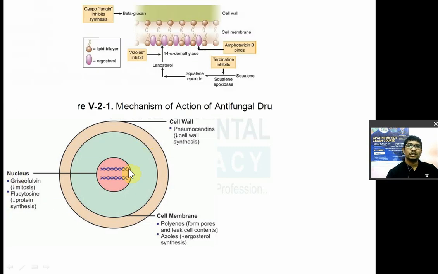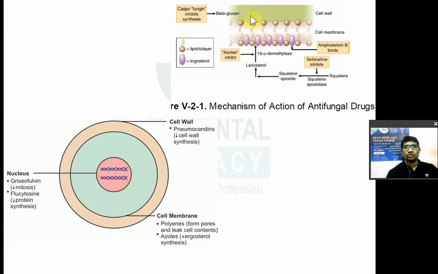Now again, you can see this green part is known as the cell wall and this middle part is known as the cell membrane. These purple dots are ergosterol. As I told you, ergosterol is a very important component of the fungal cell membrane. This ergosterol is synthesized from one precursor known as squalene. See step by step.